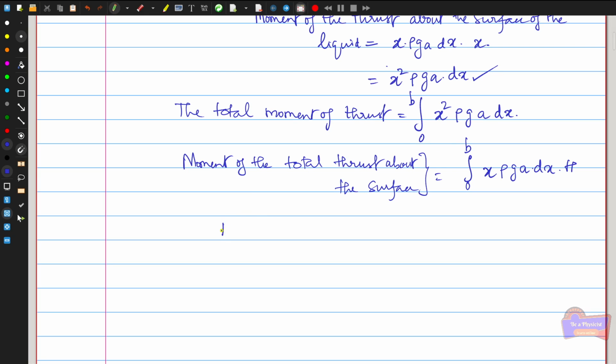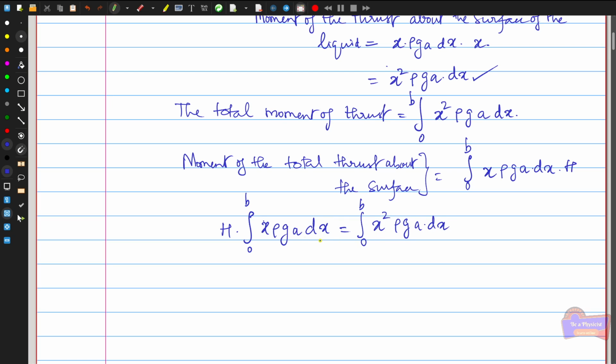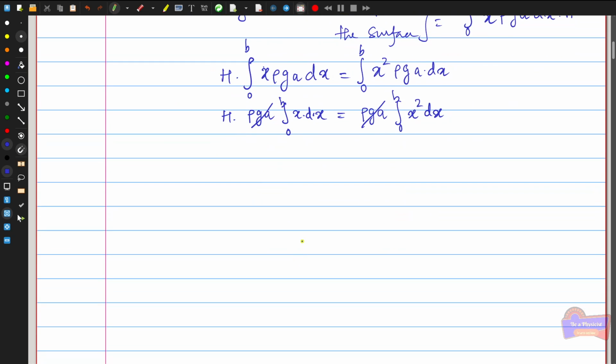Equating these two equations, h times the integration from 0 to b of x rho g a dx is equal to the integration from 0 to b of x squared rho g a dx. In both sides rho, g and a are constants, so I can take them outside and cancel them out on both the left hand side and right hand side.